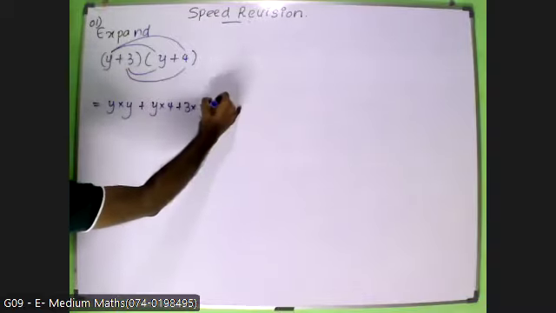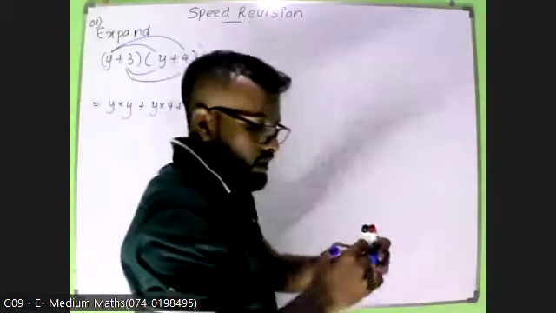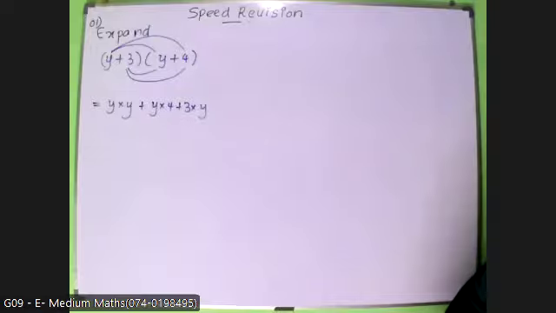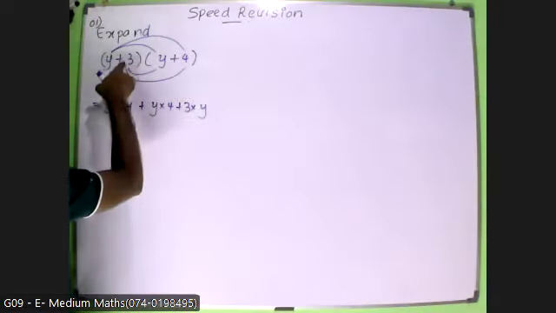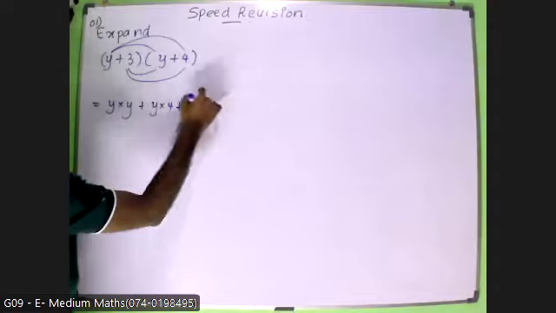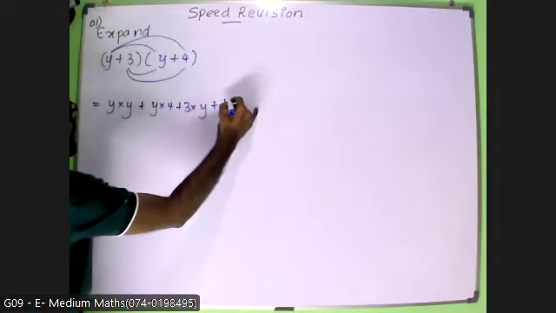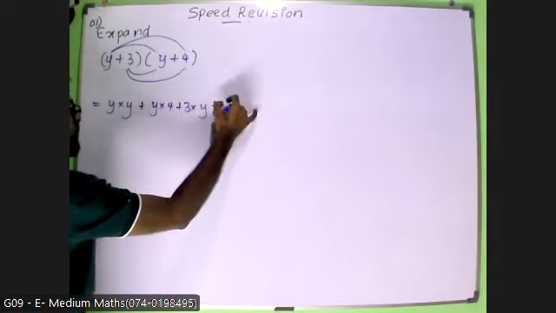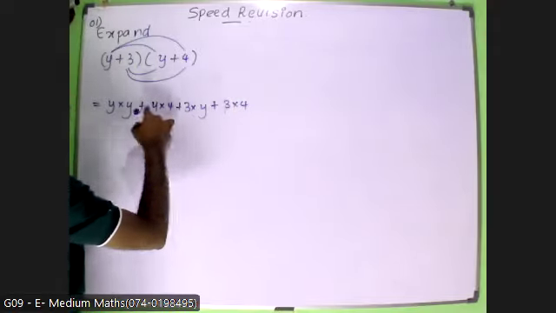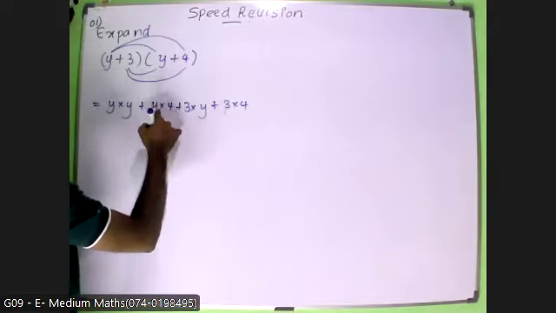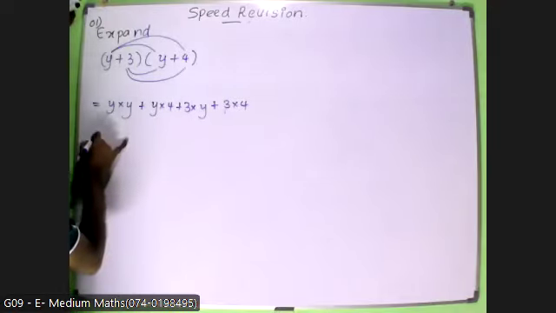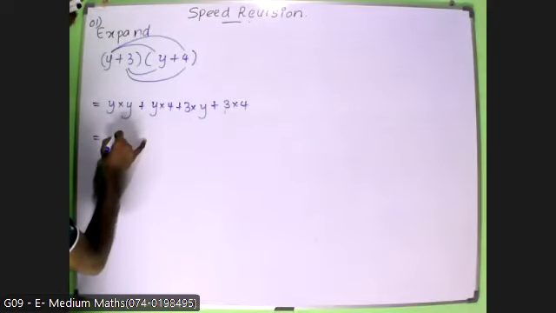Positive times positive. Right, okay. 3 times y. Then positive times positive, positive. 3 times 4, 12. Actually, no need to write this step. If you can obtain the answer directly, you can obtain it.